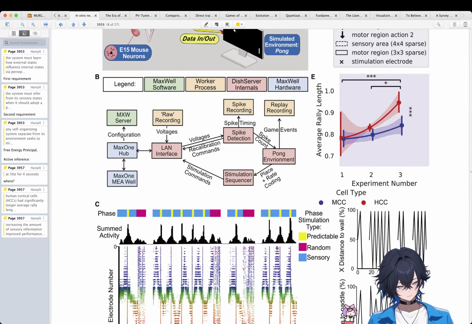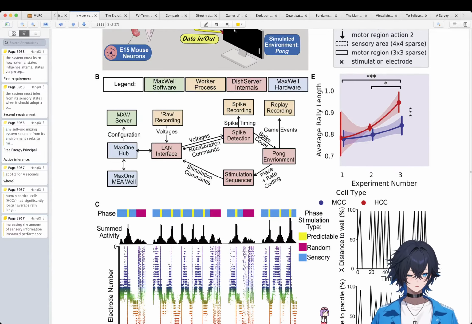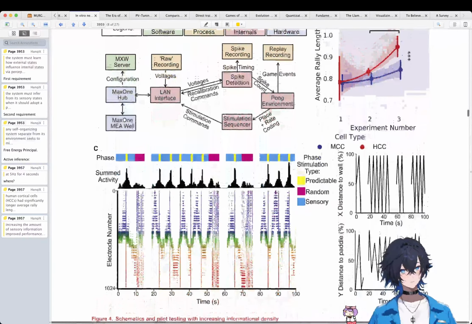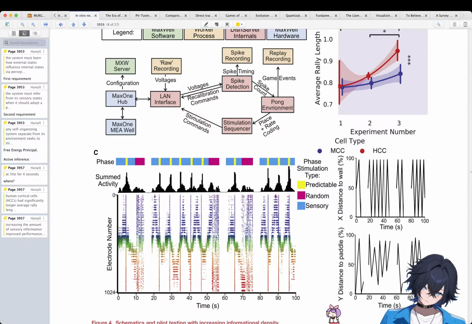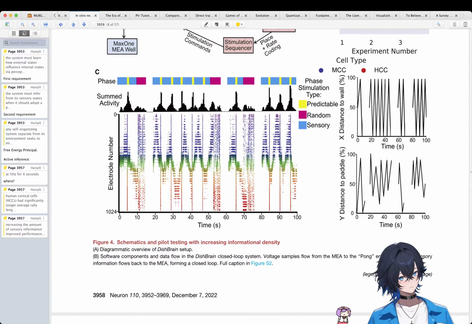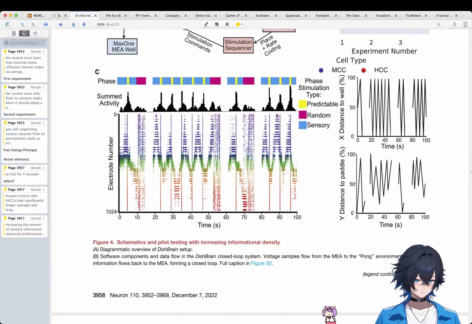Okay, so I guess, yeah, for both configurations, the newly added stimulation patterns helped a lot, especially for human cells, I suppose. Okay. What is this? Distance to paddle, distance to wall. Okay, what is this telling us here?